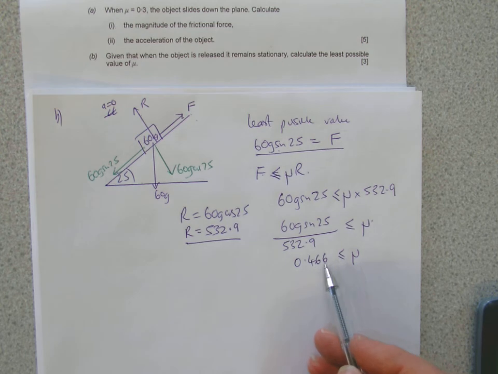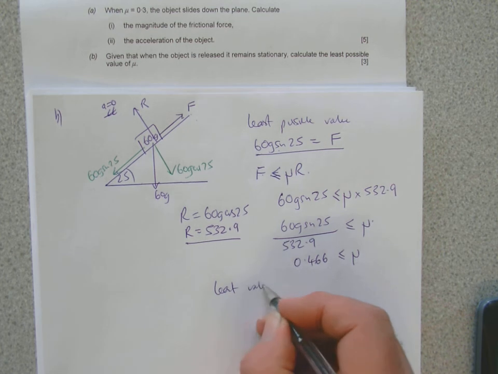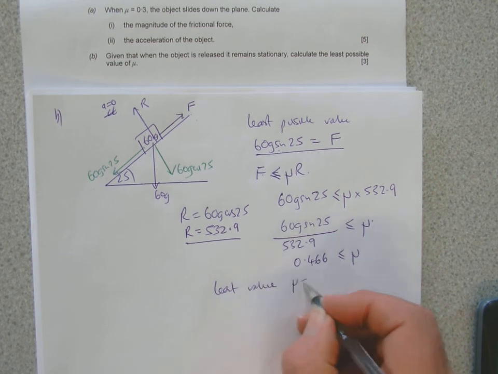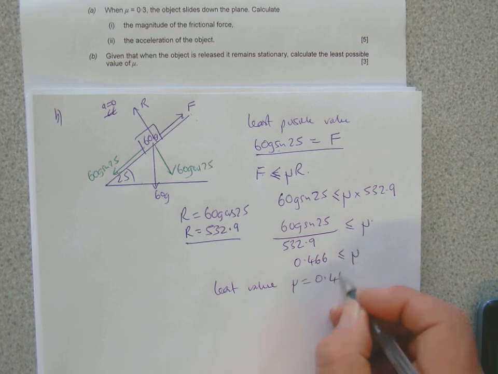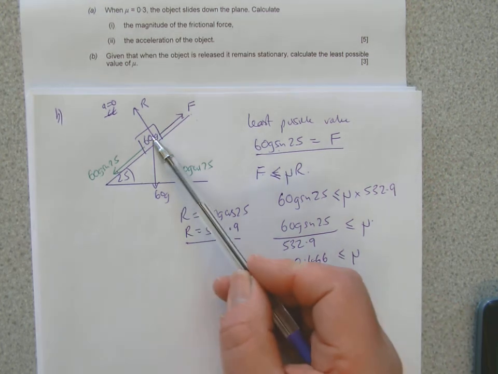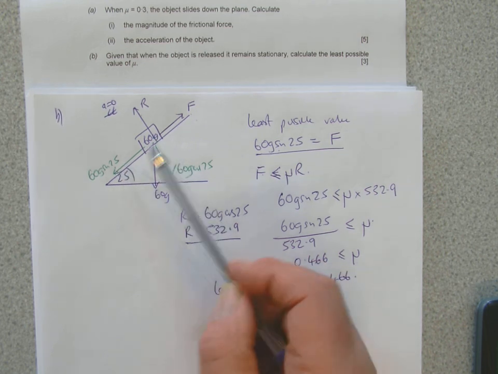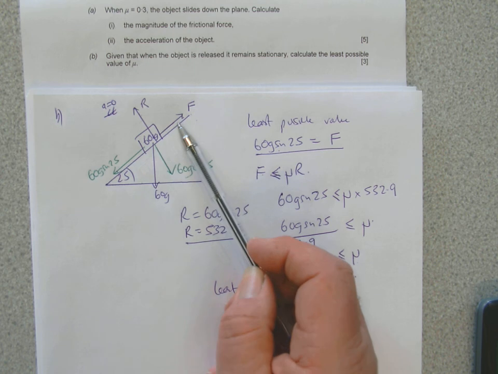So mu is always greater than or equal to that, so the least value is when it is equal to that. So the least value is mu equal to 0.466. Okay, so that particle there doesn't move until that force down the plane, which is the weight component, is greater than our frictional force.